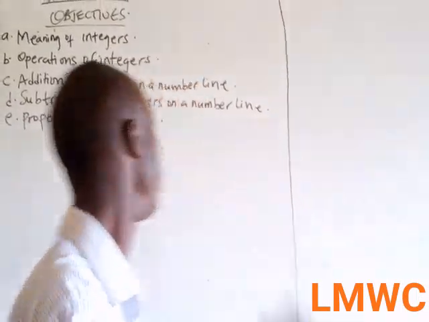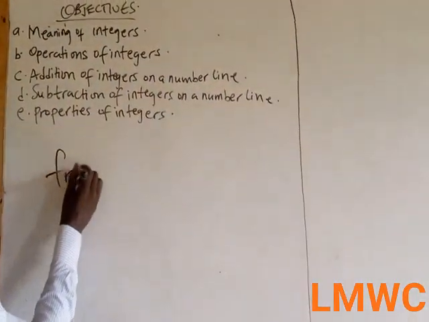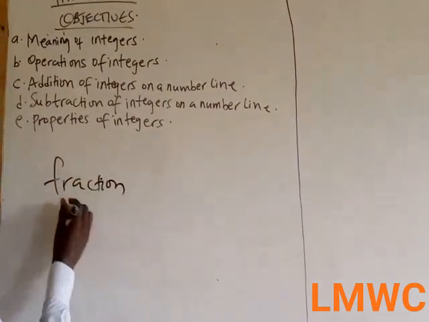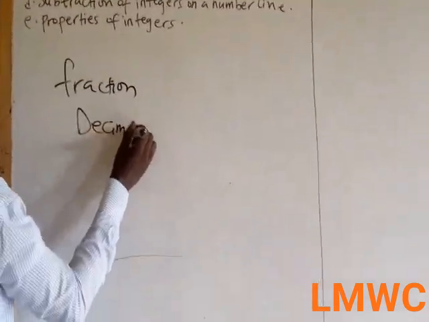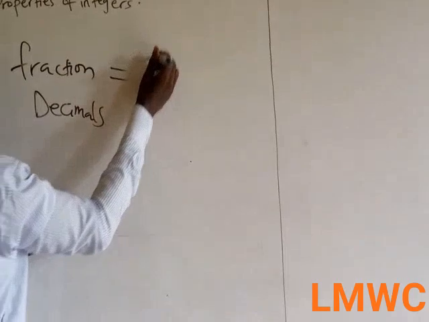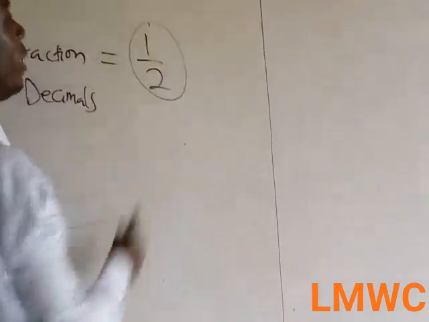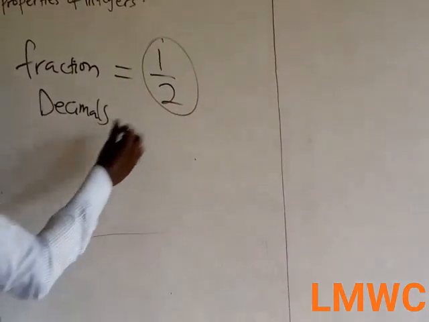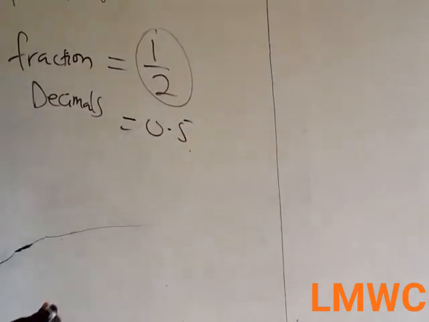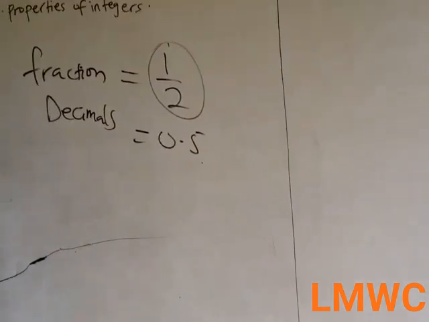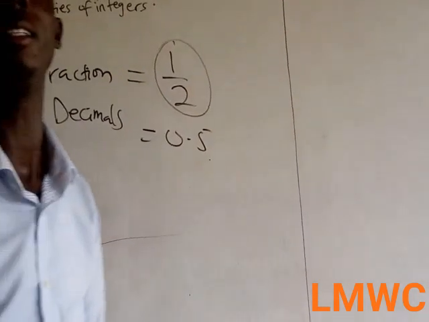Integers do not include fractions or decimals. When I talk of a fraction, 1/2, this is not an integer. 0.5 is not an integer. Integers don't include fractions and decimals.